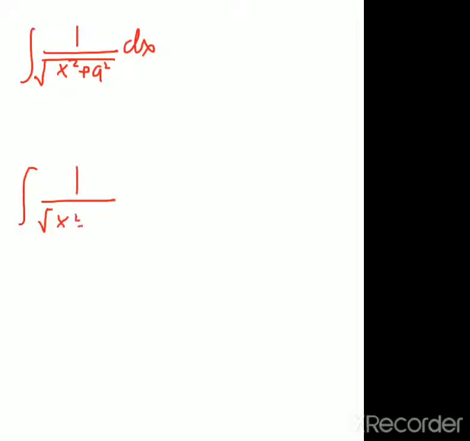It is integral 1 upon under root x square plus a square dx and integral 1 upon under root x square minus a square dx.